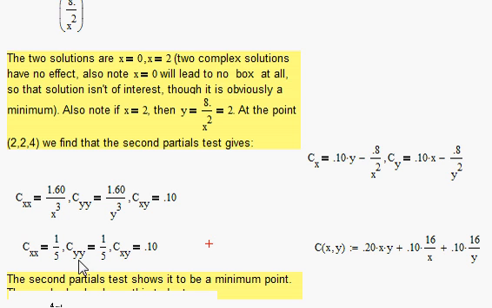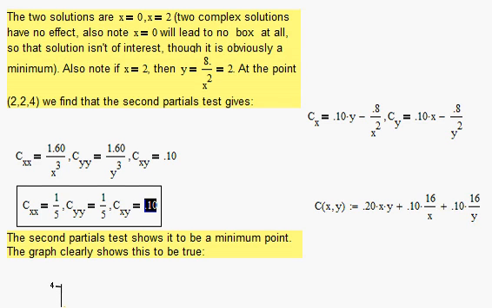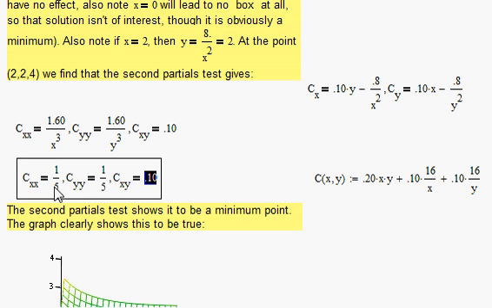And so fxx times fyy minus fxy squared, 1/25 minus 1/100th, is positive. And since this is positive and our fxx is positive, we know it to be a minimum point.